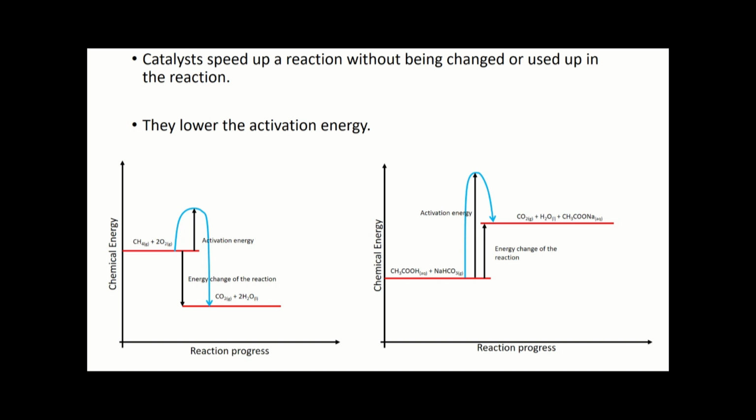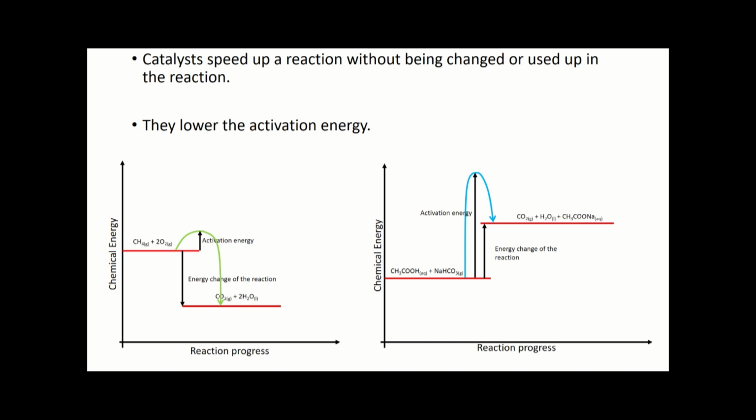And when we look at the graph for the exothermic reaction, that's the one on the left, if I show you that an activation energy with a catalyst looks a bit like this, you can see that the hump is lower, the activation energy is smaller, and we are therefore going to have more particles which have that amount of energy than we did with the higher amount of energy.